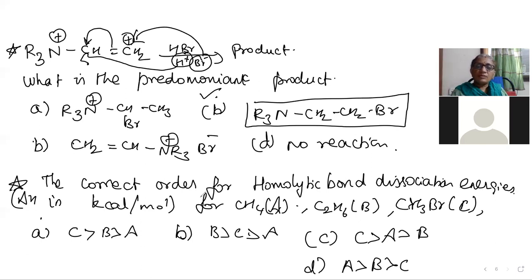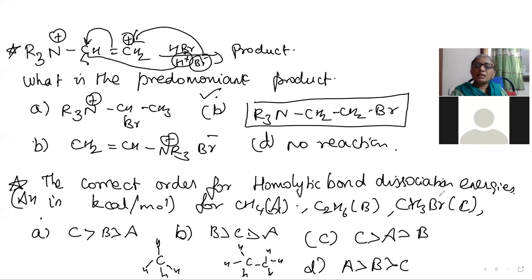So when we see methane, we have carbon surrounded by 4 hydrogens, the smallest molecule. The smaller the molecule, the easier the homolytic cleavage. Here C2H6, CH3-CH3, there are 2 carbons, so the energy required for homolytic cleavage is slightly greater.